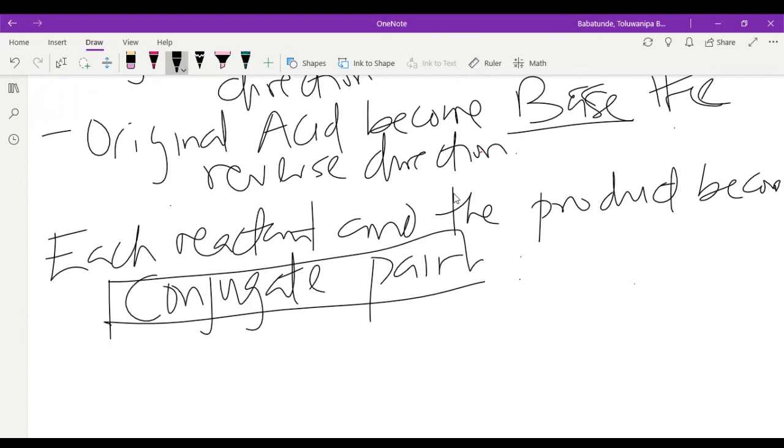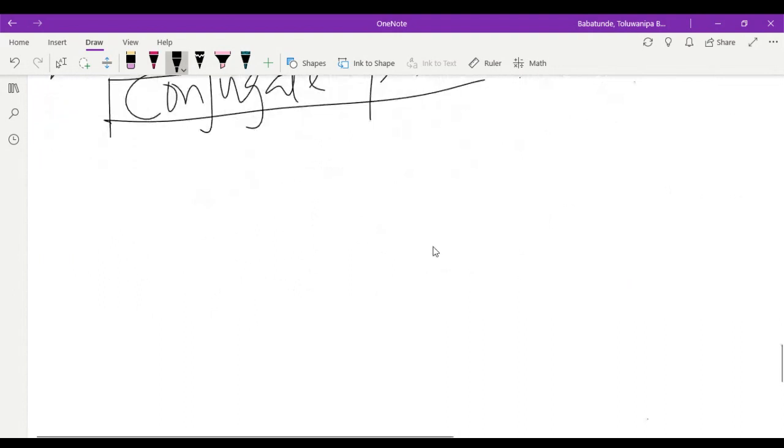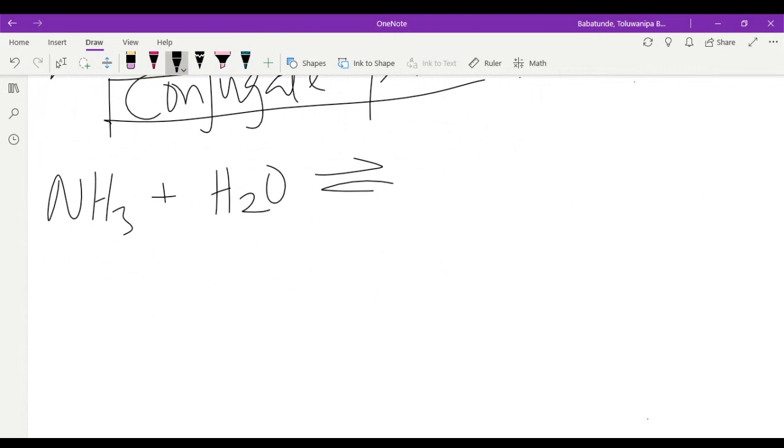All right. So let's take an example from the reaction that we already did for an amphoteric substance, which we have ammonia and water, in which we have the ammonium ion plus our hydroxide ion.